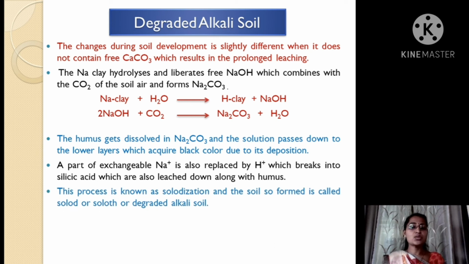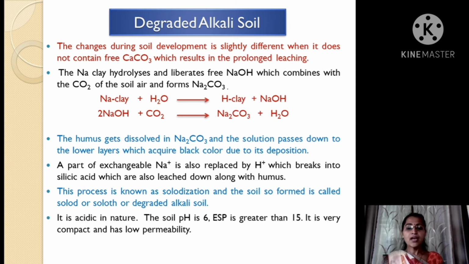This process is known as solodization, and the soil so formed is called solod or solodized or degraded alkali soil. It is acidic in nature. The pH is 6 while ESP is greater than 15. It is very compact and has low permeability.